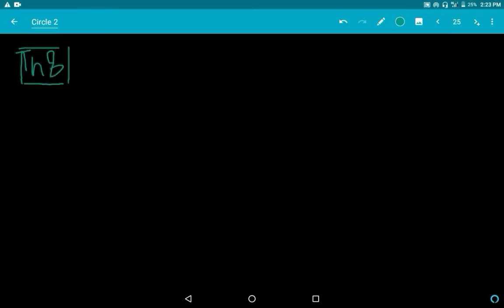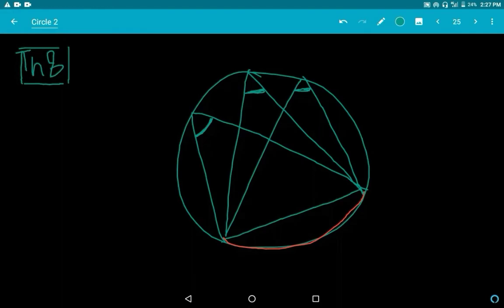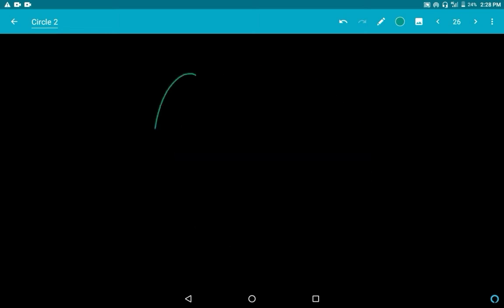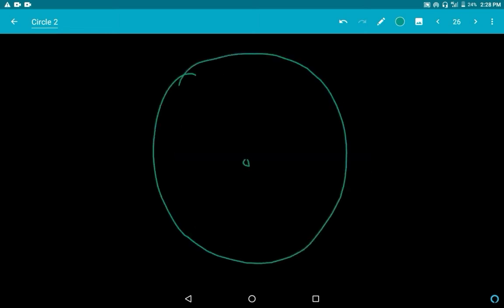Theorem number 8 is actually a follow-up. It says that if there is this arc with any line you draw like this, any that is touching one point here on the circumference, the angles will be equal. How would you say? Now let's say there is a circle, this is the center, this is 2 alpha.